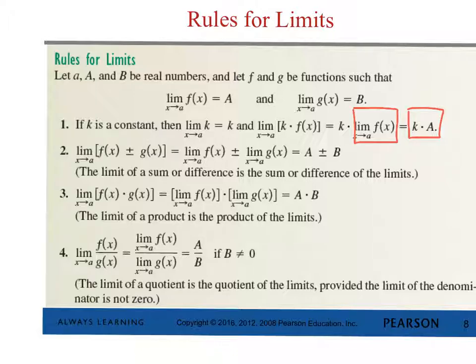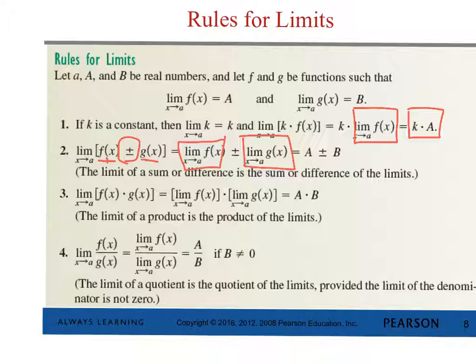If you've got a function f of x and g of x, and you need to find the limit of their sum or their difference, then you find the individual limits and either add or subtract them as is indicated by the sign.